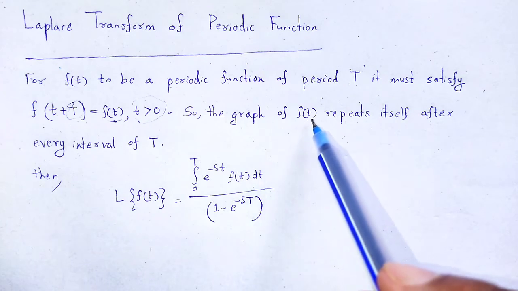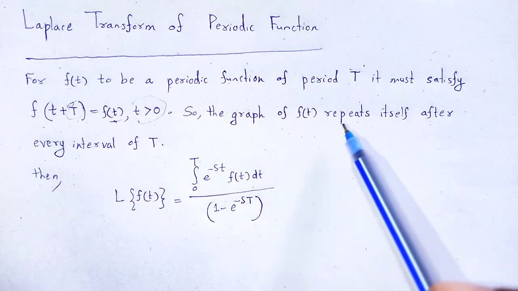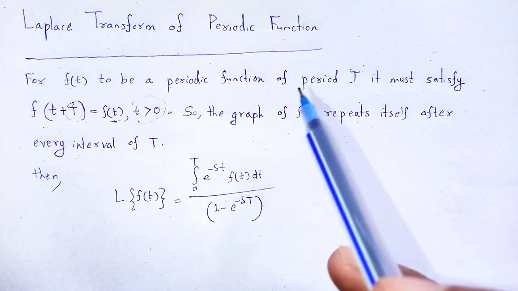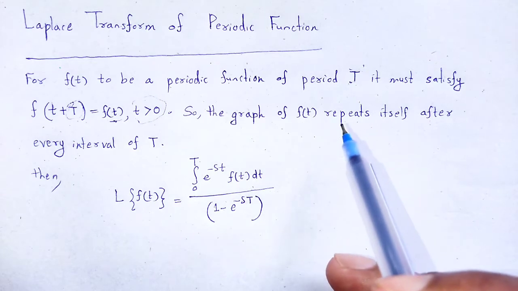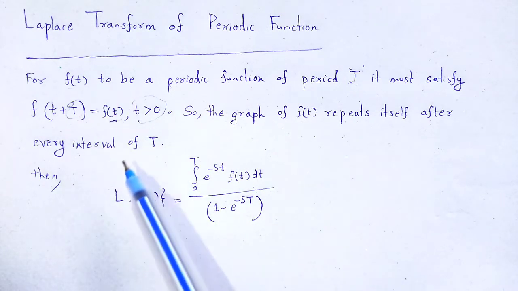So, the graph of that function f of t repeats itself after every interval of the period T. Therefore, that function f of t is said to be a periodic function.